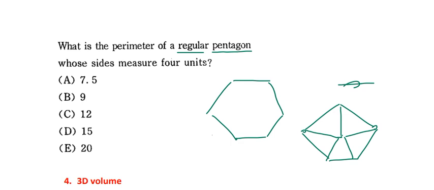So we want to find the perimeter. This is easy: the sides measure 4, this is 4, this is 4, so 4 times 5. This is very easy, right?